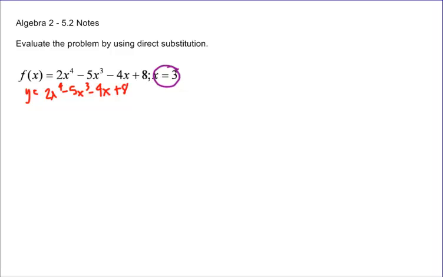So we just substitute 3 in for all the places that we have x: 2 times 3 to the fourth minus 5 times 3 cubed minus 4 times 3 plus 8.